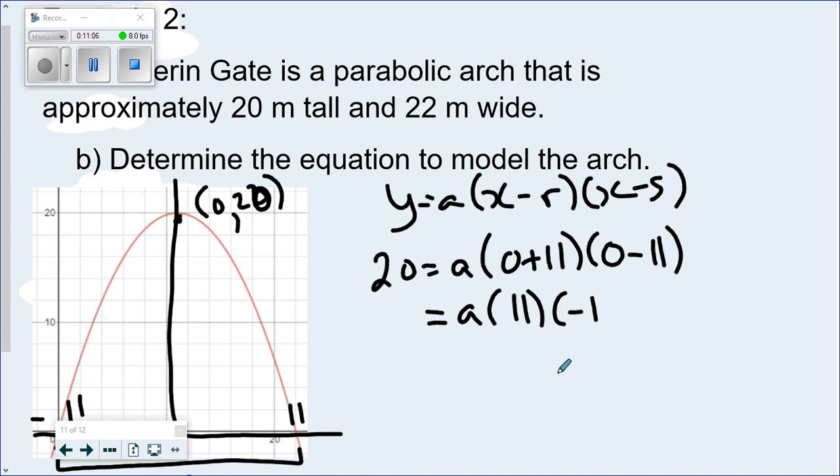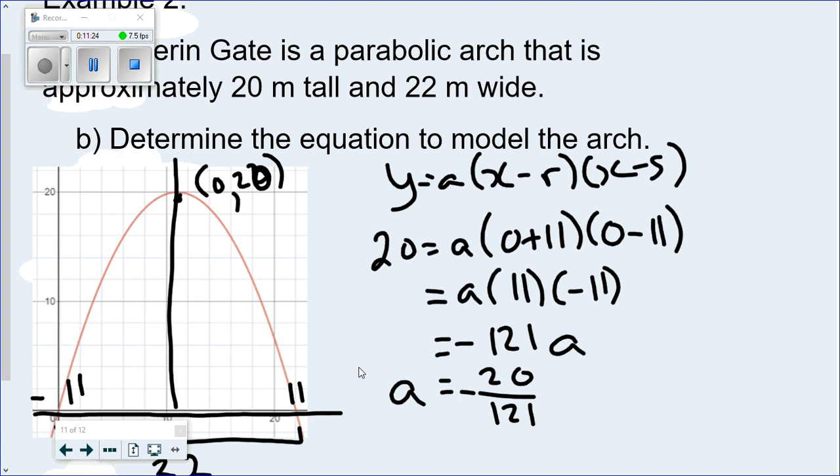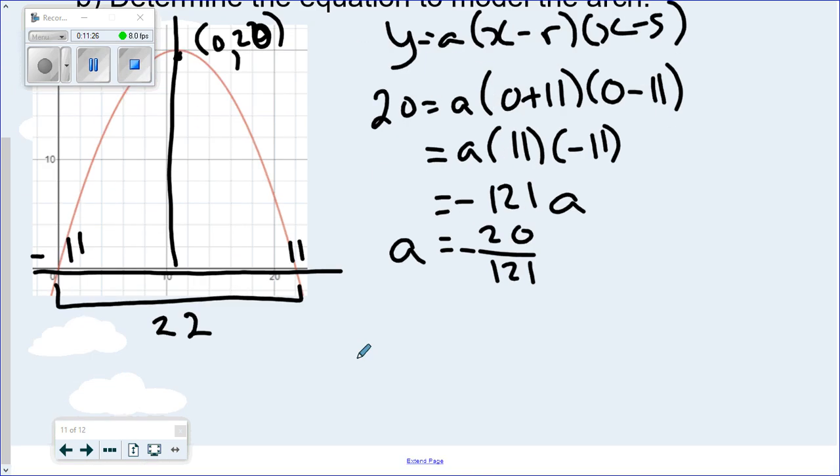That's still neat. Cool. There is no number that goes into the 20 and 121, so we can just simply write it out the way it is.